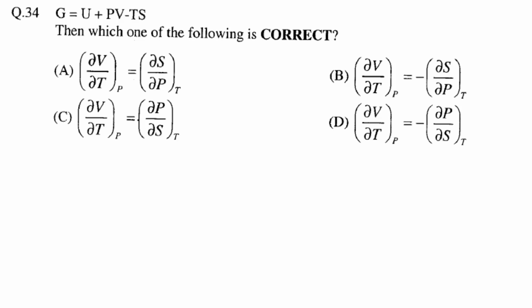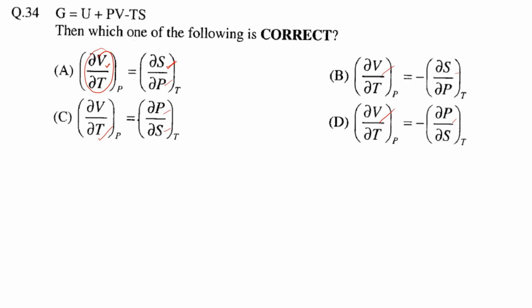Or if you look at the options, from there also you can predict which Maxwell equation is being applied over here. See, in all equations we have this delta V by delta T, the first, right? In the second case, delta S by delta P. Okay, no issue. So that means we are differentiating volume and we are differentiating entropy, right?